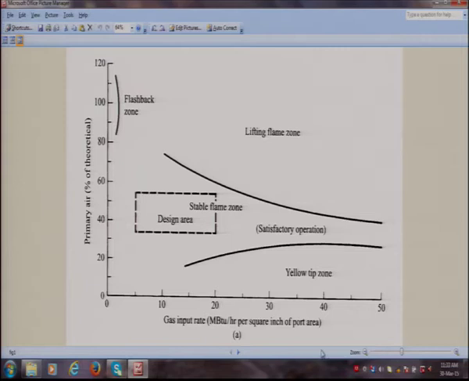We are actually sending less than 100% theoretical air in some cases. And you will notice that if the percentage primary air that we are sending with the fuel is low, like 20, 30, 40%, then below this line we are going to get yellow tipping, that is soot coming out.